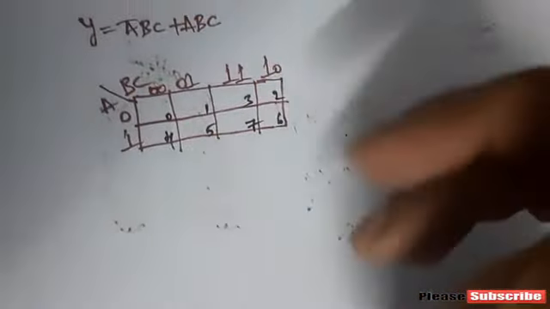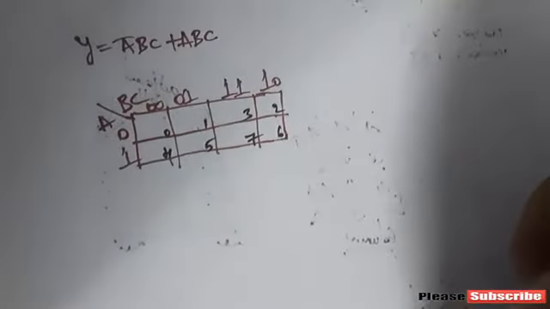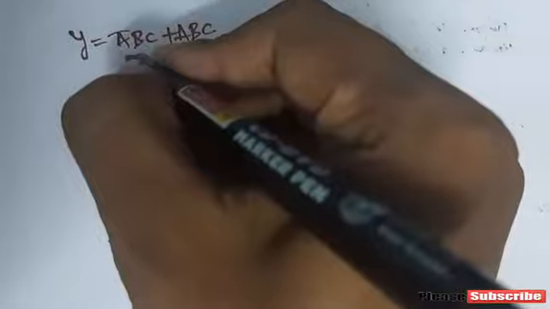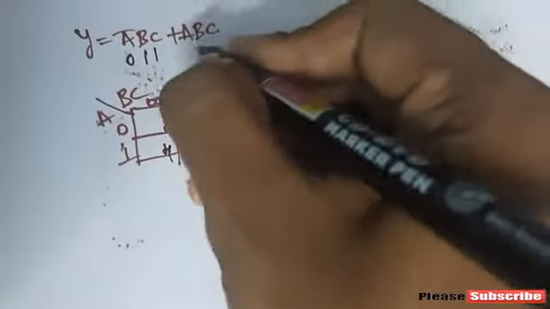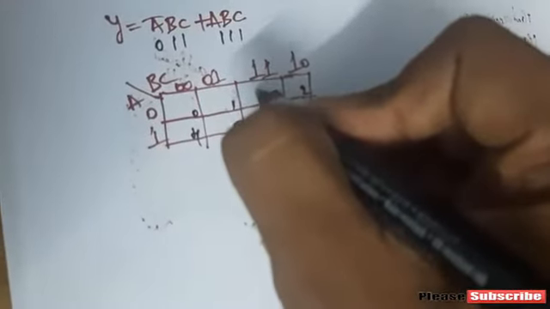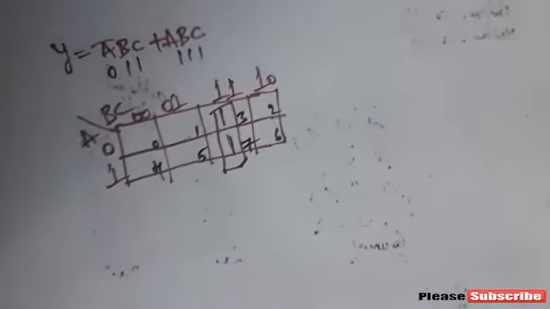We already know that this will be in the SOP form. That means 0 represents the A bar, 1 represents the A. That means 0 1 1, and 1 1 1. Next triple 1, we just group it as one cell, right?